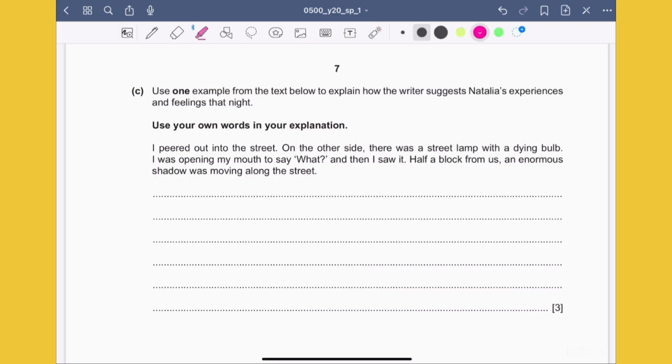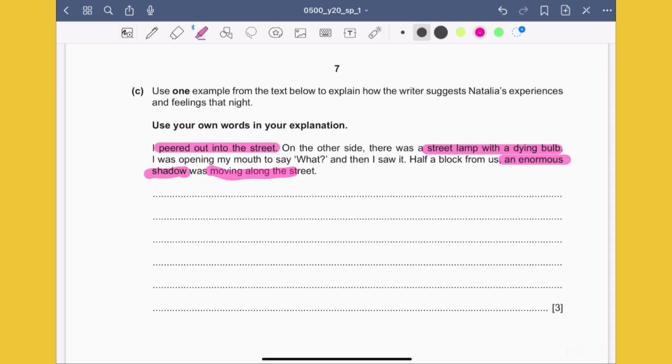In this case, I believe 'street light with a dim bulb' could be one you could choose from. 'I peered out into the street' could be one you can choose. And 'an enormous shadow was moving' - 'an enormous shadow' is one.